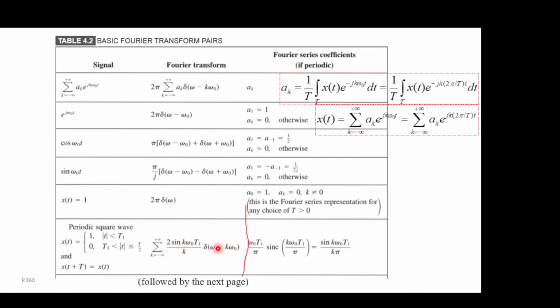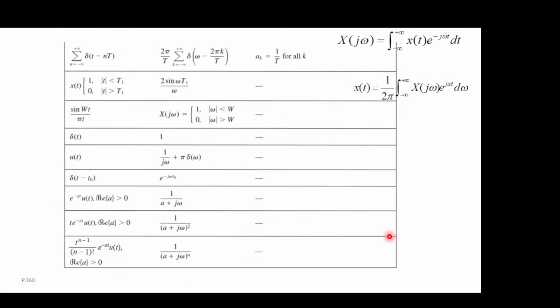It's periodic, so its Fourier coefficient is a sin k over k thing, but in the frequency domain it's still equally spaced delta functions. And then we have this very interesting function, the impulse train. If you have equal height, equally spaced delta functions in the time domain, then in the frequency domain there is still an impulse train, also equally spaced out.